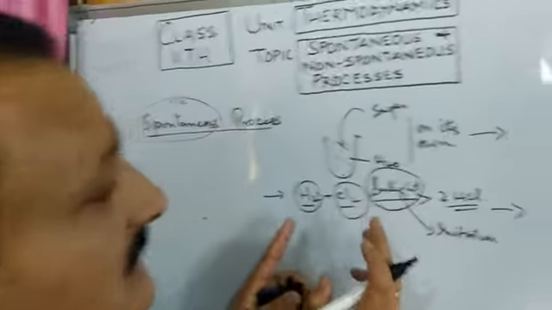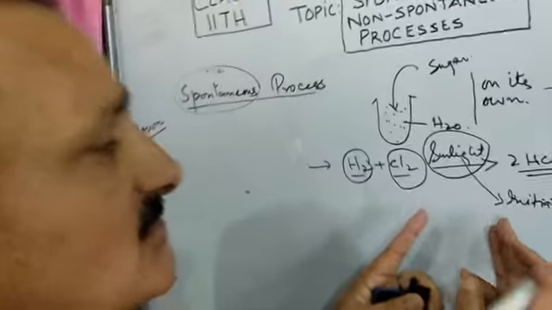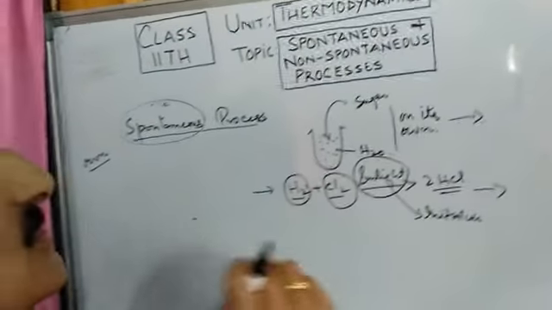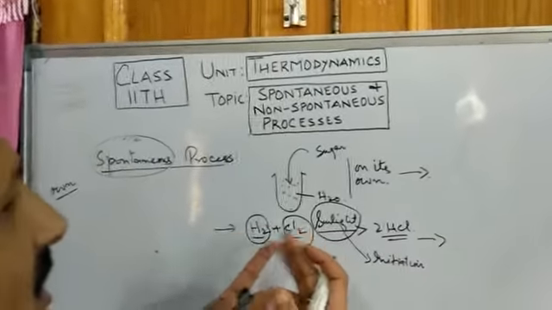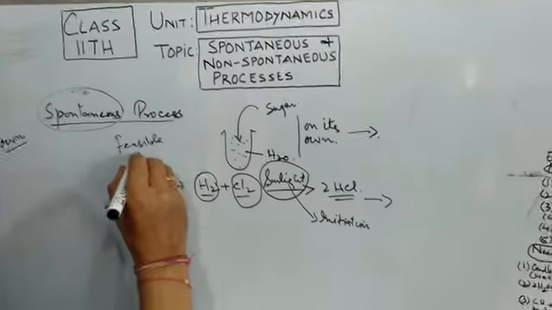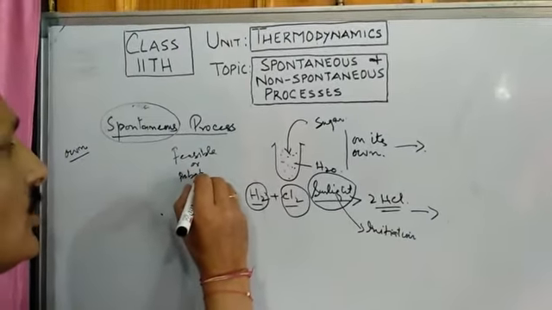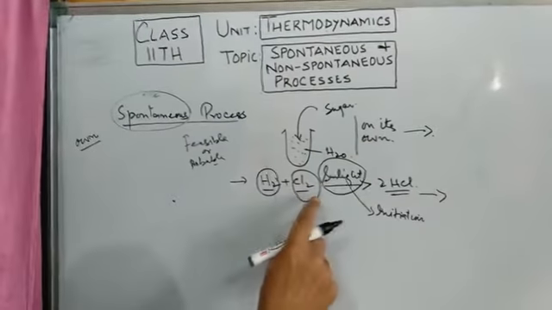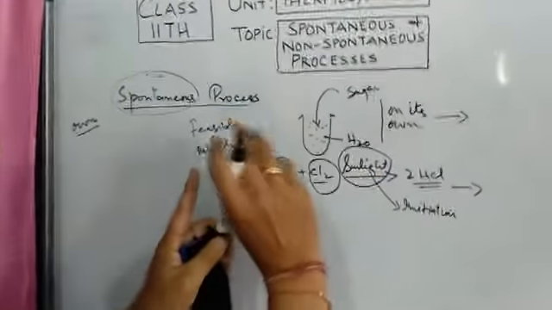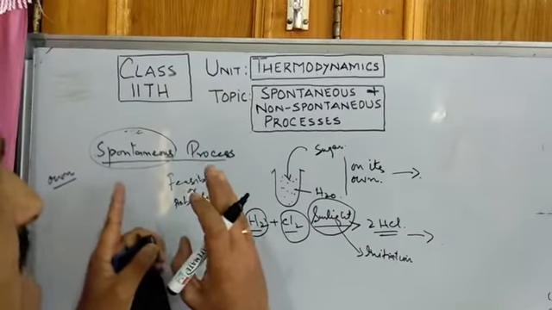We have given sunlight as initiation, and then this reaction has taken place. So in both cases, the processes are spontaneous. Spontaneous processes are also known as feasible processes, or we can say they are probable processes. All probable and feasible processes are included in the category of spontaneous processes.